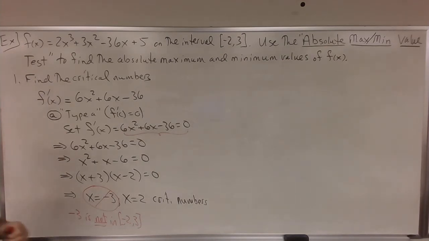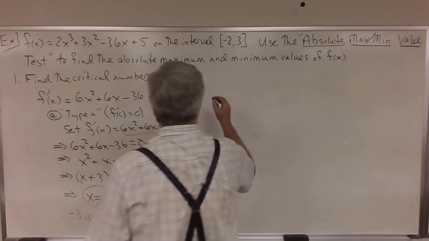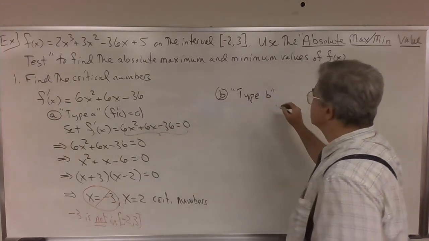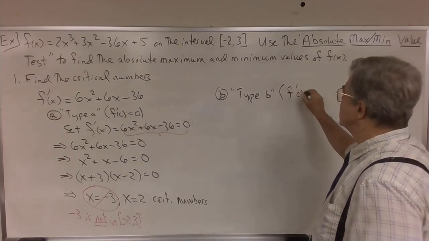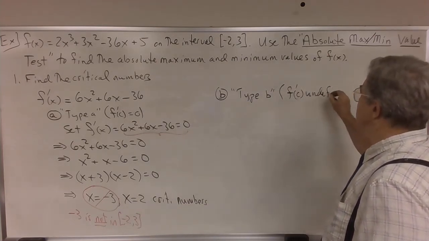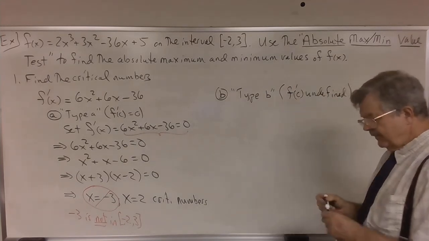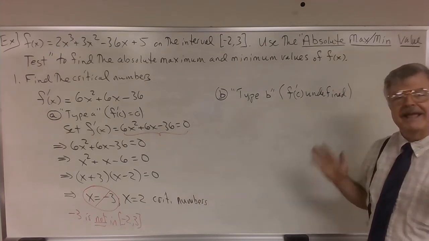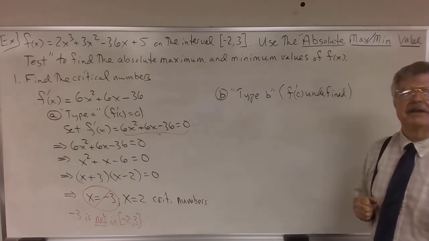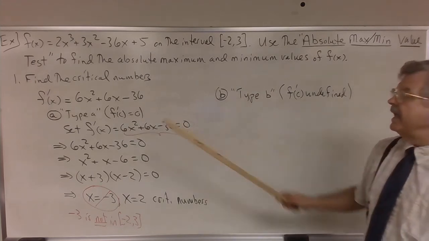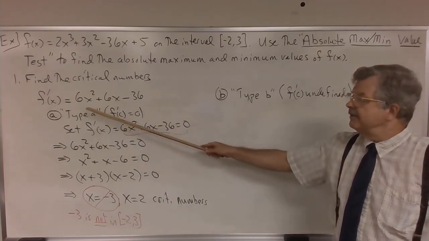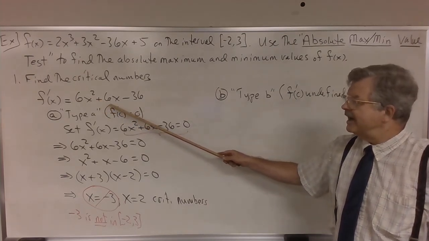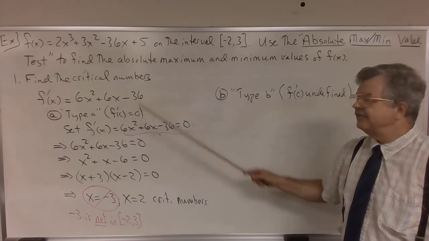Now, there are such things as type B critical numbers, so let's look for those. For our type B critical numbers, typically we look for an x value that causes division by 0 in the derivative. And here's our derivative: 6 times x squared plus 6 times x minus 36.